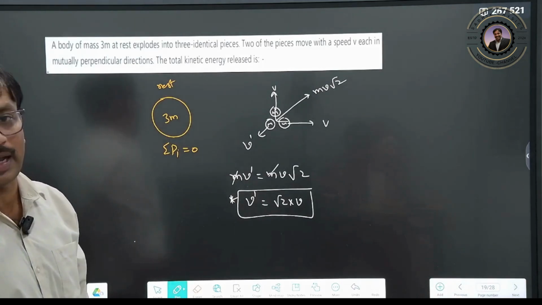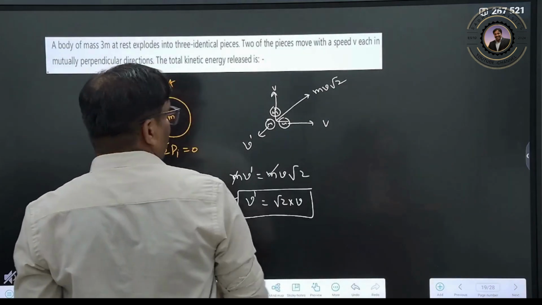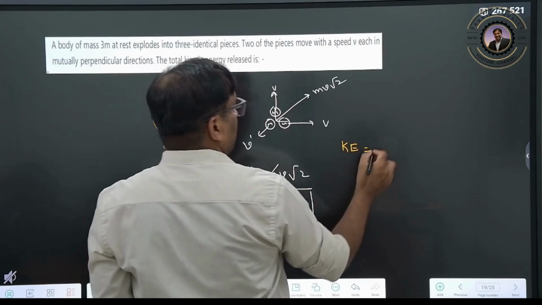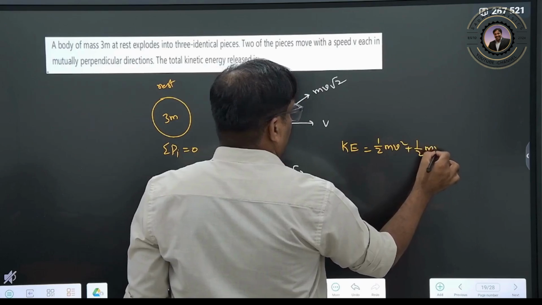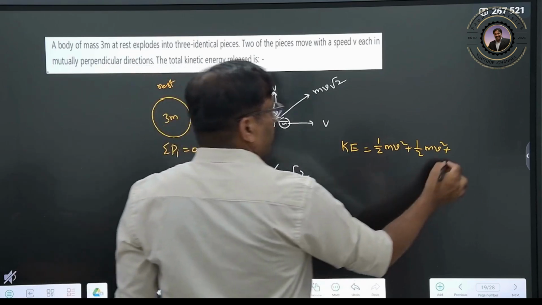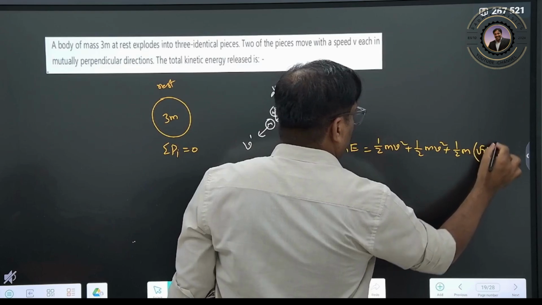He is asking the total kinetic energy. Total kinetic energy means the kinetic energy of all the pieces. First piece, half mv square; second piece, half mv square. The third piece has a velocity of root 2 v, so half m root 2 into v whole square.